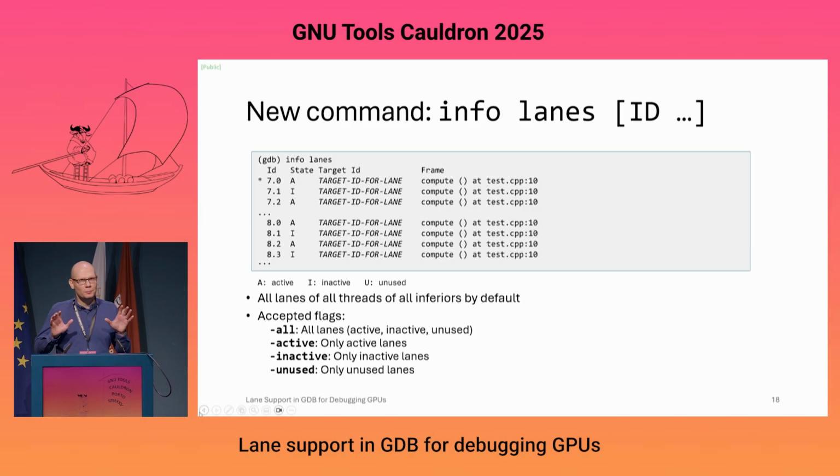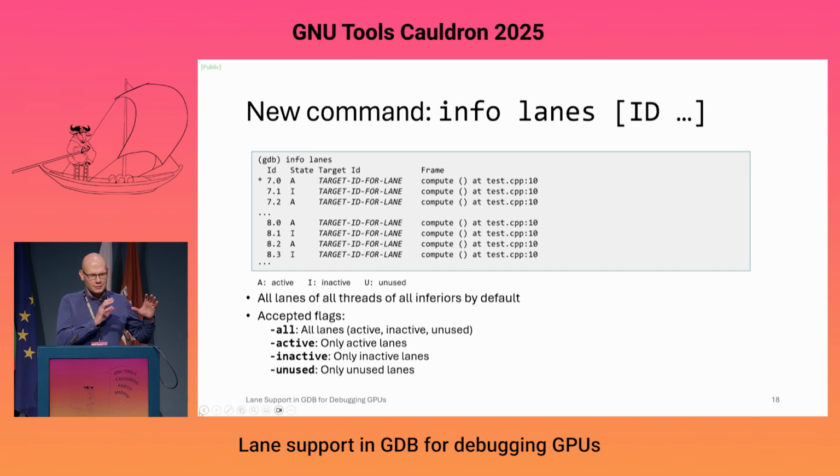One of the focuses that we had is that there is an existing way of doing things in GDB. We should keep them as much as possible, whenever they make sense, in the way that they make sense.